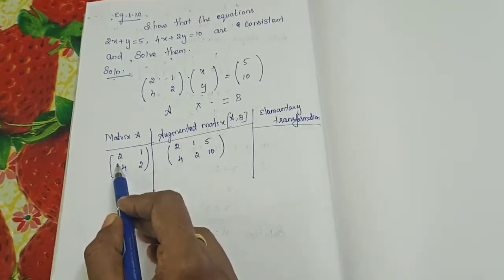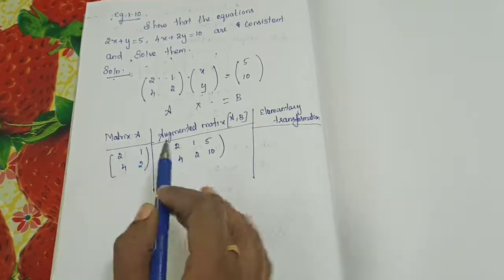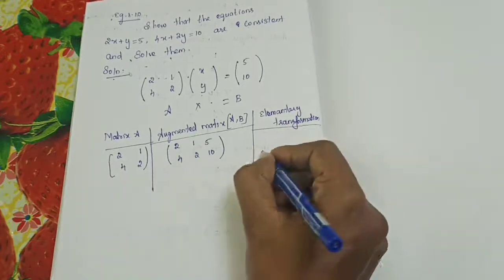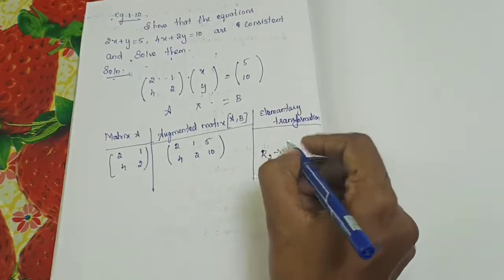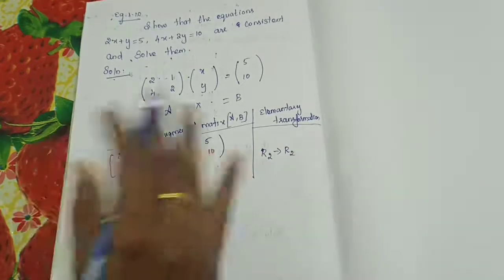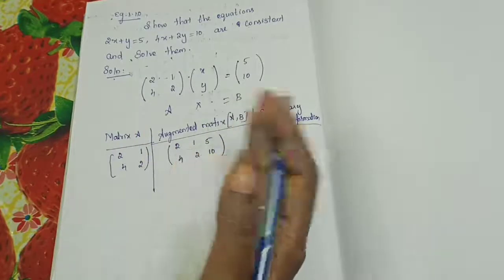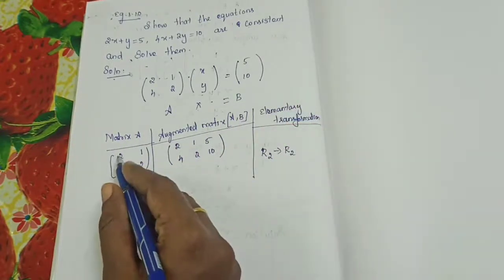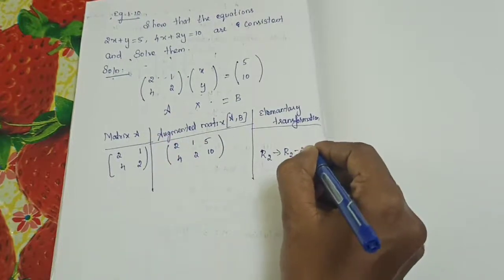Now first you check whether the first entry is non-zero. Okay. So you need to make this entry 0. How? R2 implies R2, that is 4. When you subtract, you will get the answer as 0. So 4 minus 2 into 2, that is R2 minus 2 R1.